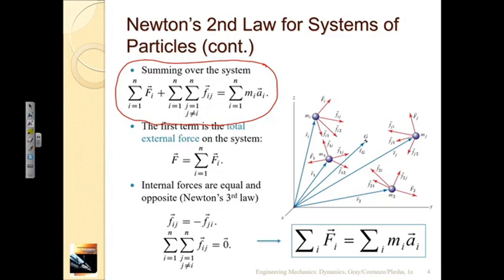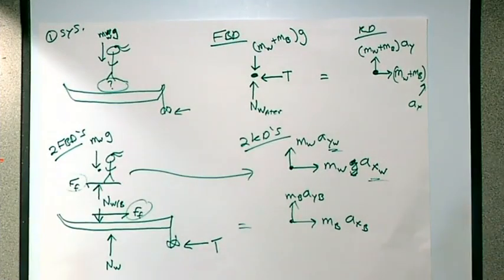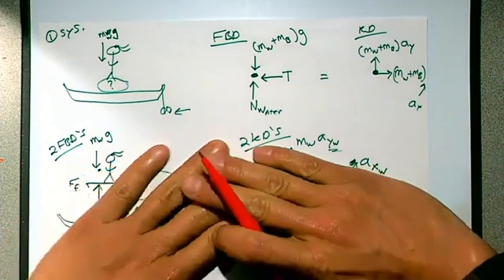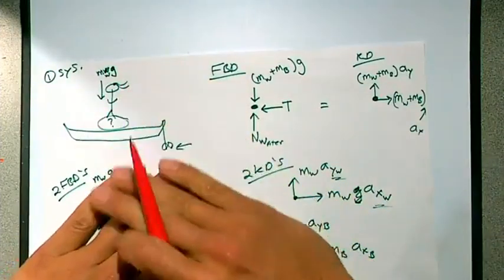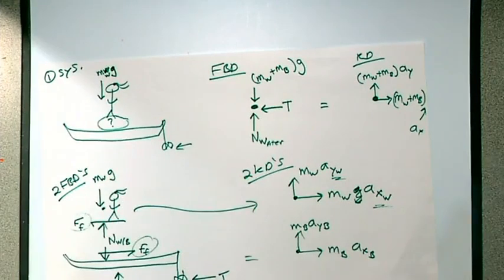Okay? Let me take a quick trip down memory lane here. So if I look at where we started, just for a one particle system, combined system, this is my x direction equation.